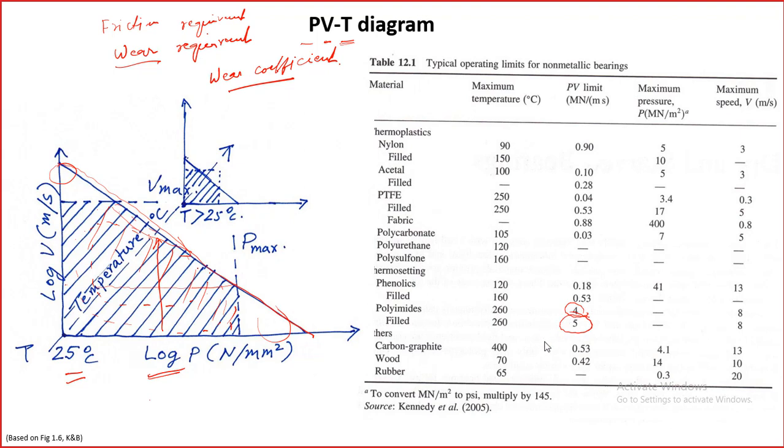Generally polymer composites tend to give us high PV limits. Nylon or acetal will give you lower PV limits because they are not very stable as far as temperature is concerned. As you increase the PV, the temperature will also increase, and therefore they will fail. So through experimentation we can find out their PV limit, and we can use them for our application.